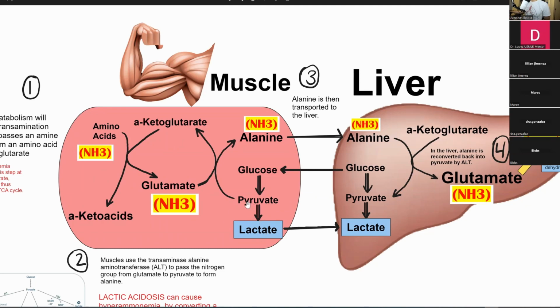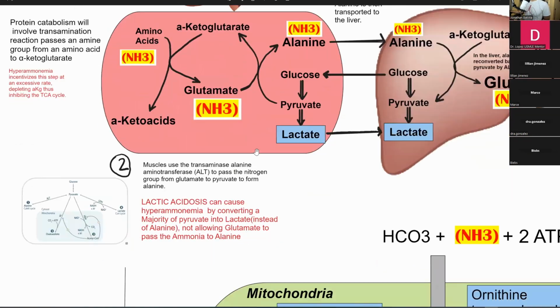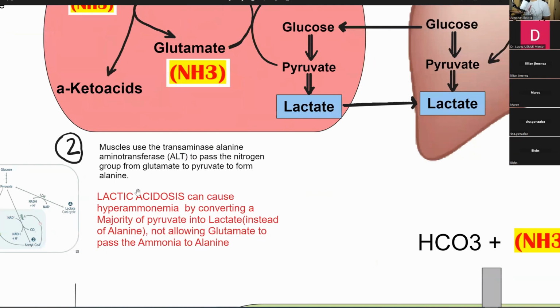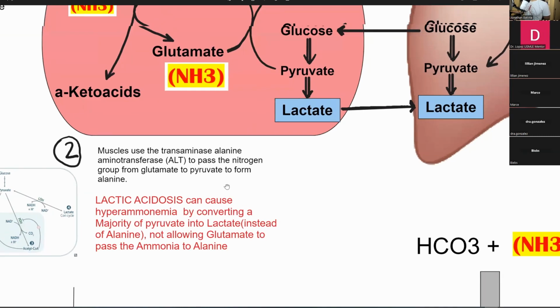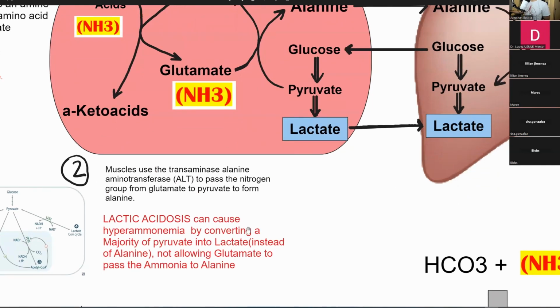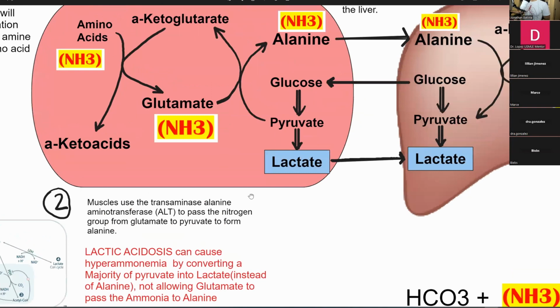So your pyruvate will not be available for this step. So look at this, this is intense. Here we're seeing that lactic acidosis can cause hyperammonemia. So you can have high levels of ammonia just because you have lactic acidosis. If you ever wanted to connect those two things, now you're seeing why.